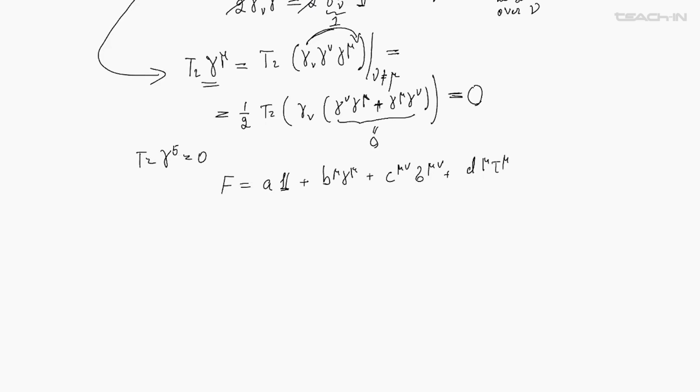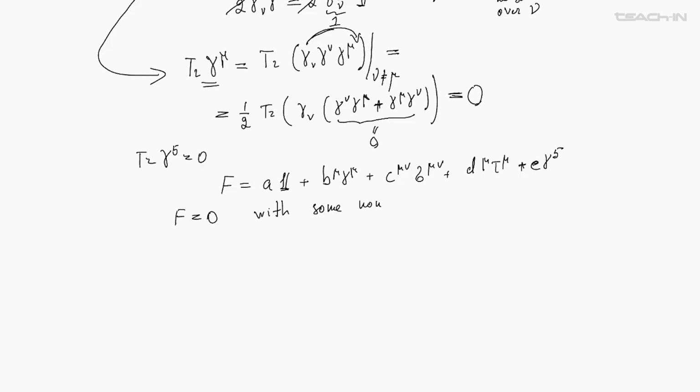The statement that these matrices are linearly dependent means that I can have this linear combination F equal to 0 with some non-zero coefficients.